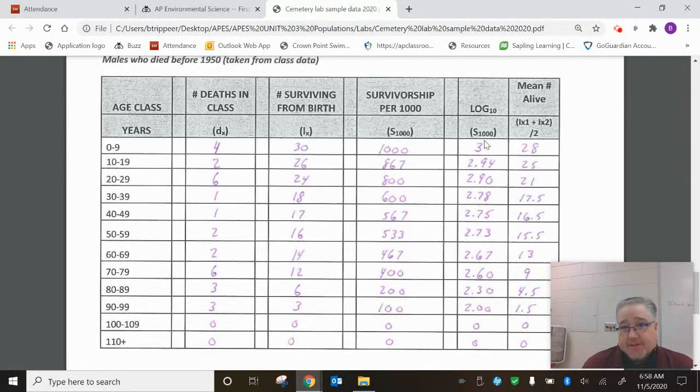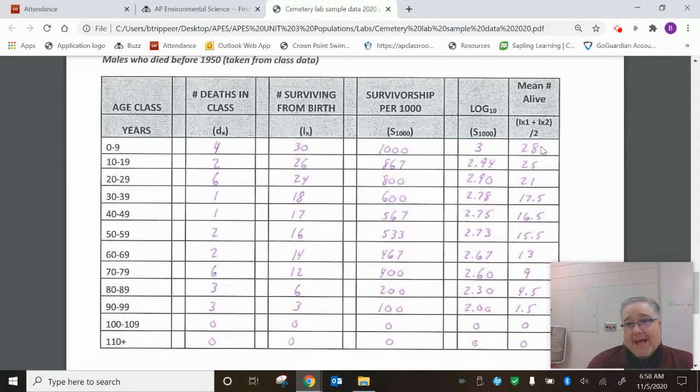So, for example, this number 3 here: in your calculator, hit LOG 1,000 equals, and it should be 3. Log of 867 should be 2.94. Log of 800 should be 2.90. Again, those numbers are decreasing as we go down as well.